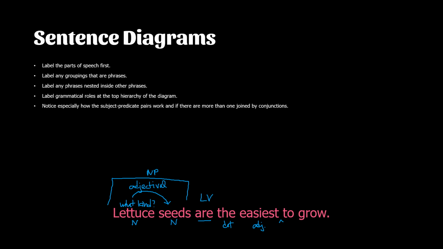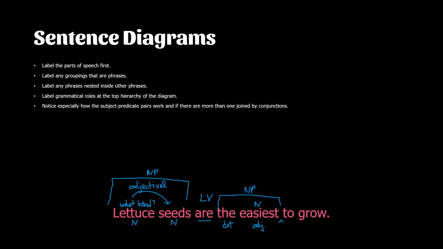But the truth of the matter is, in this sentence, it's not been placed there. That means that this easiest has to pretend to be a noun. So this is an adjective with a noun function. As you can see, parts of speech have to be flexible and play different roles in the sentence. So the easiest is a noun phrase.